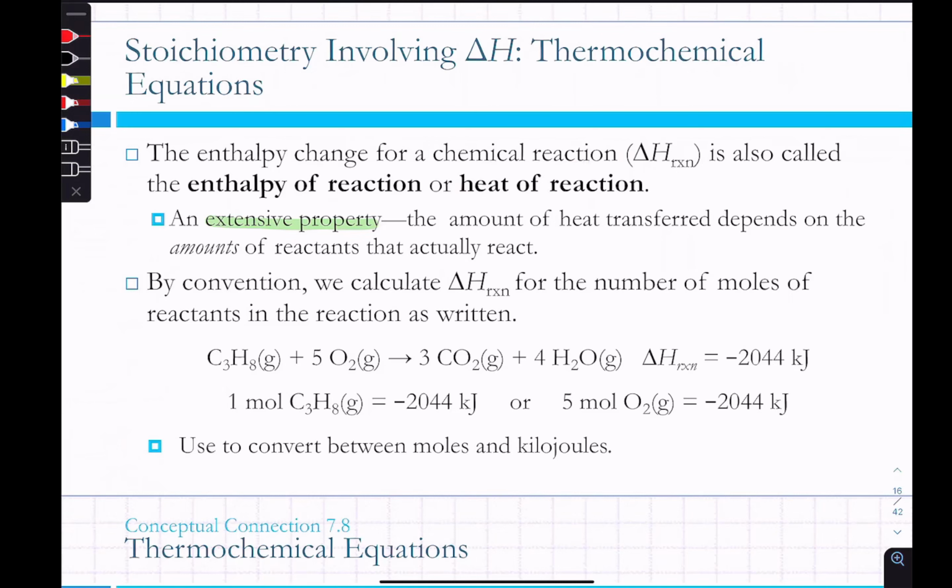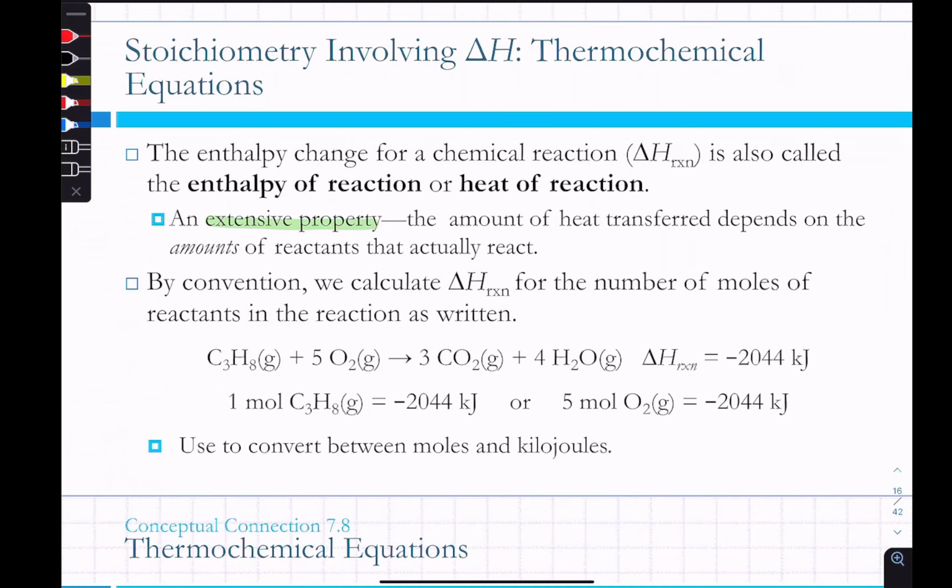If we have 6 moles, that's 3 times as much A, so 3 times as much heat also. The sign would stay the same. Since we have negative 51 times 3, that should be negative 153. That's a way to intuit and deduce what it's supposed to be.